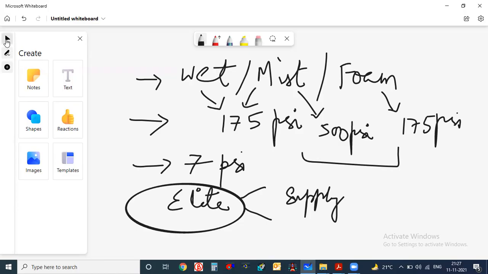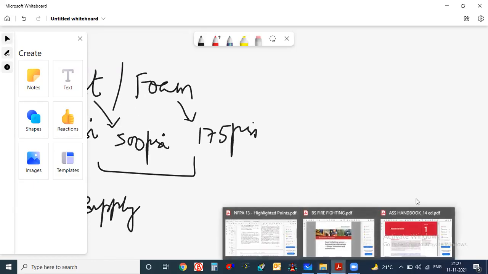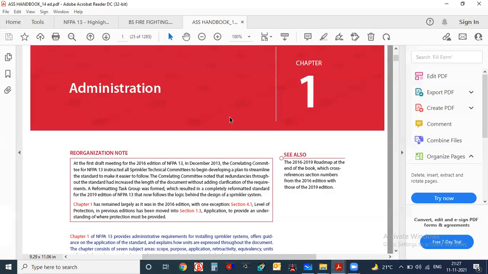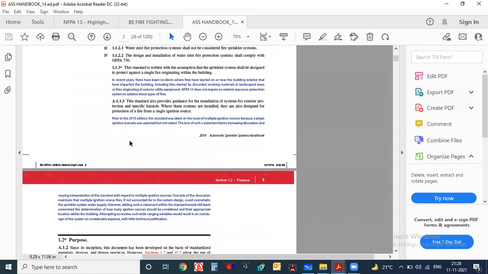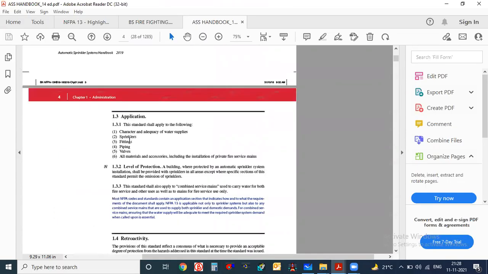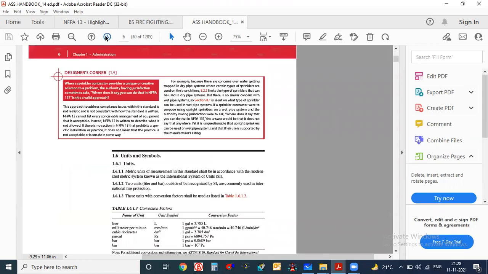Okay. So today I was going through some documents and I found one very good book actually. This is also NFPA 13 only, but it is given in a broader way, and everything remains the same. Whatever is given here is actually from NFPA 13 only, but they have written it in a very good way.